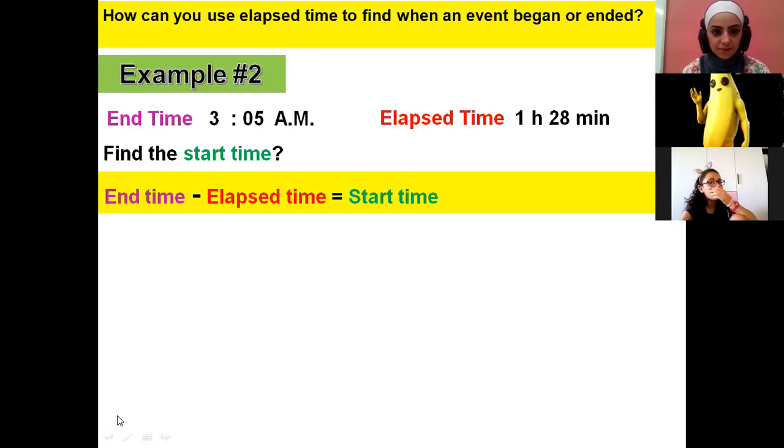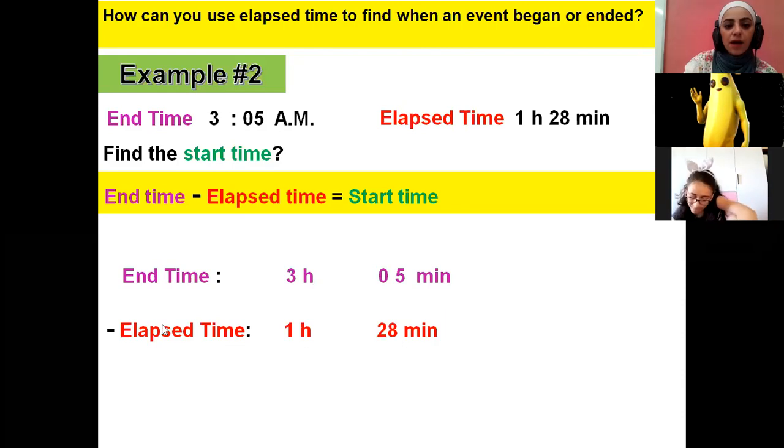The start time, and the ending time. We subtract from the ending time. What is the ending time here? It's 3:05 a.m. and the elapsed time is 1 hour 28 minutes. We're gonna subtract them. What do we start subtracting, the hours or the minutes, Rama? The minutes first. Excellent. So how do you subtract 5 minus 28?